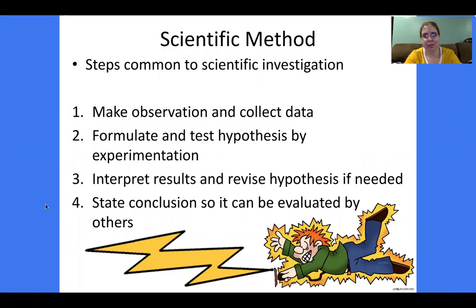So first thing you have to do is make an observation about something in the world around you, and you might have to do some research about it in order to do the second step, which is formulate and test a hypothesis. Now, remember, a hypothesis is an educated guess, which is why you have to collect some data and do some research in step 1. Because if you're going to make an educated guess, you've got to educate yourself on what's going on.